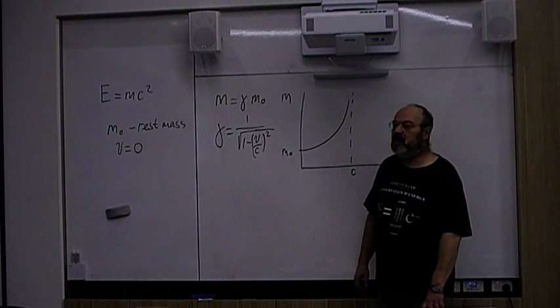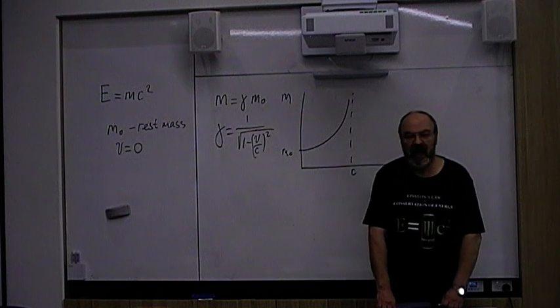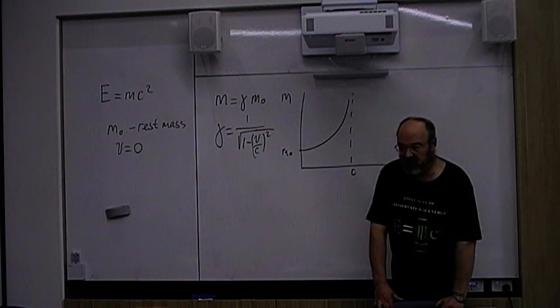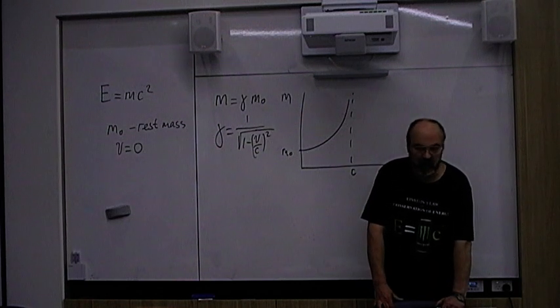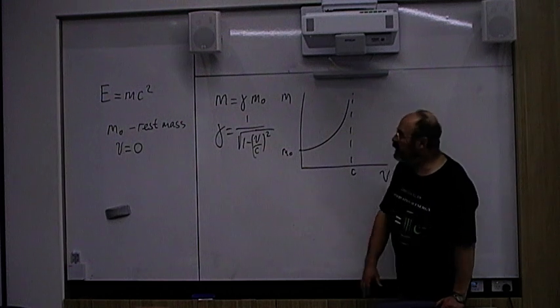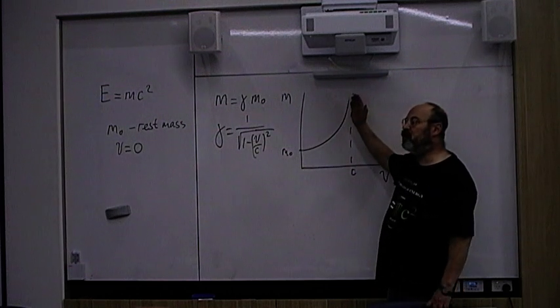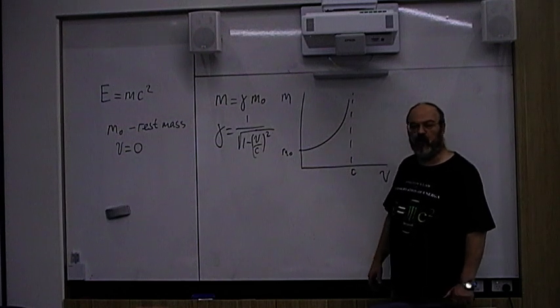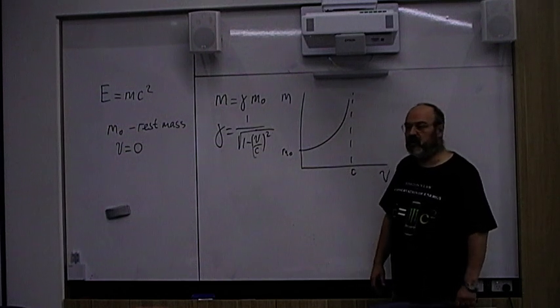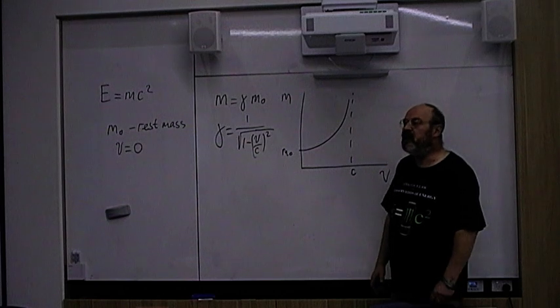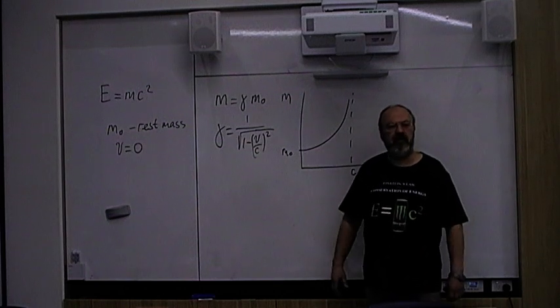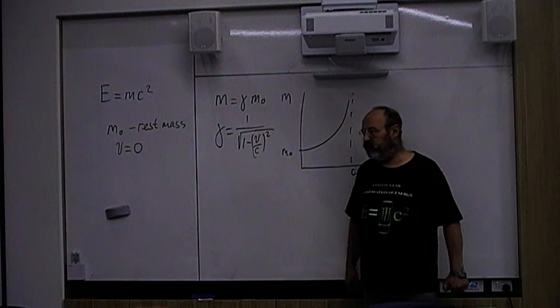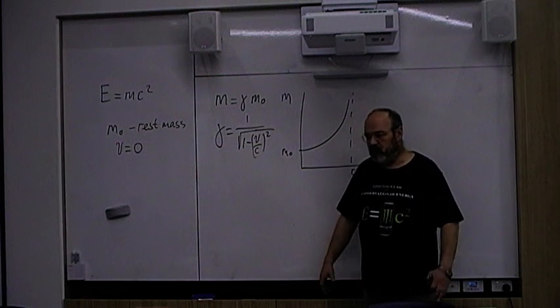That's why any object that has mass cannot move, not just faster than light, but even at the speed of light, because at the speed of light it would have infinitely big mass. To accelerate any object to the speed of light, we would need to apply an infinitely big force and use an infinitely big amount of energy, which is impossible.